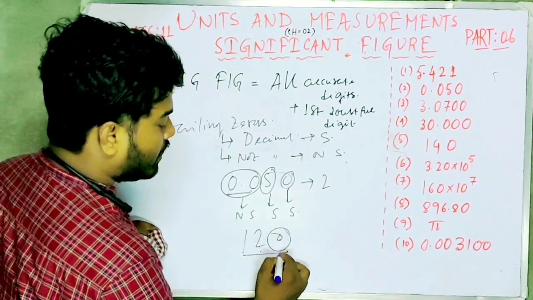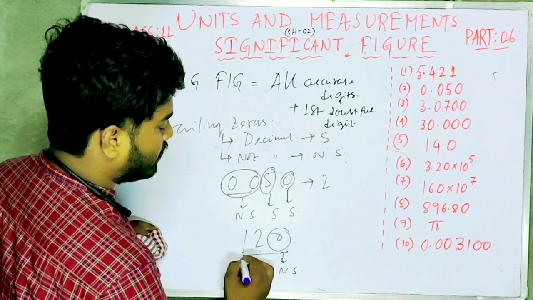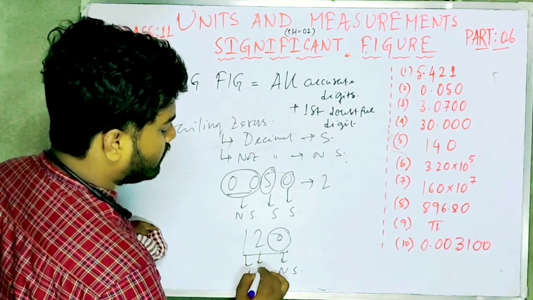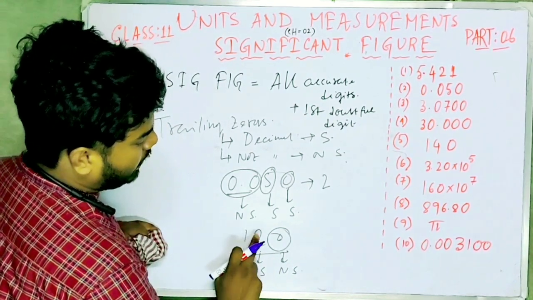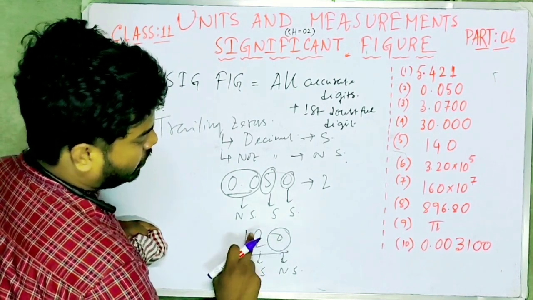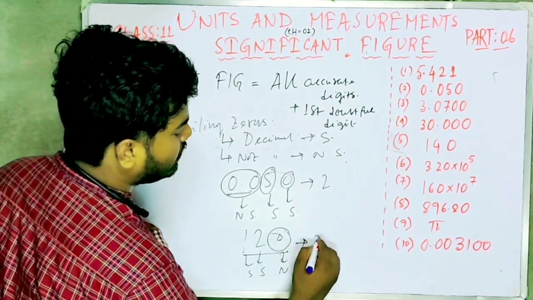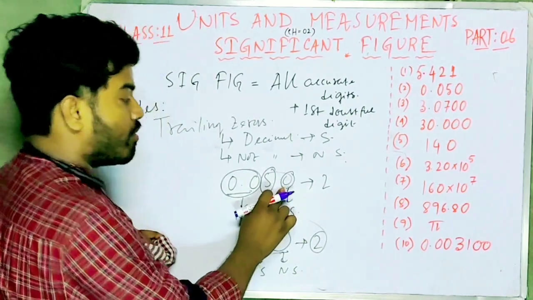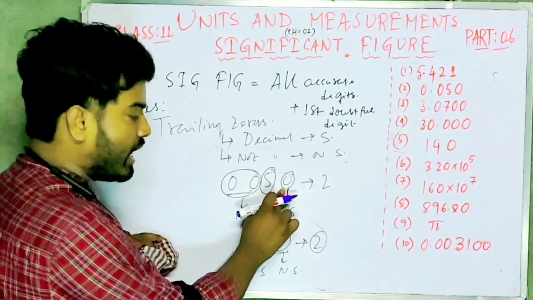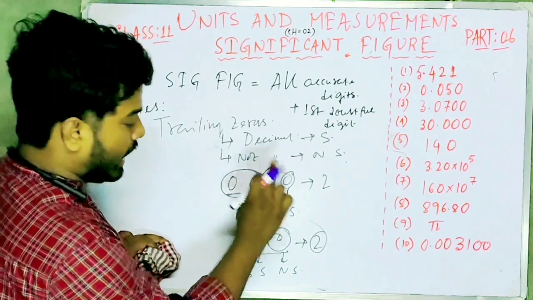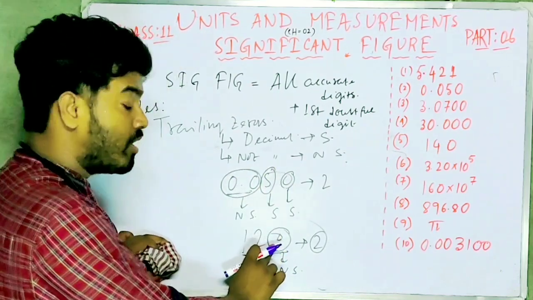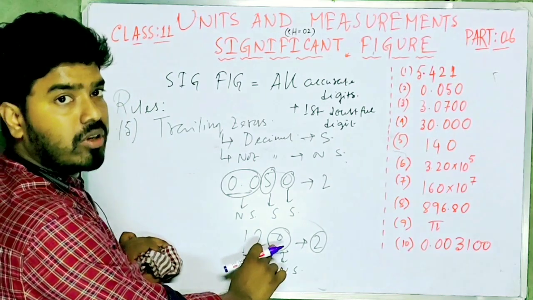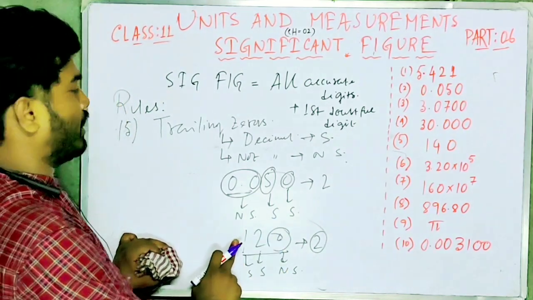So this 0 is never significant. 1 significant, 2 significant, 0 not significant. So the significant figures are 2. Clear? So this 0 is an ending zero, and this ending zero is significant. Why? Because it is after the decimal point. And this 0 is also an ending zero, but it is never significant because there is no decimal point. Okay?